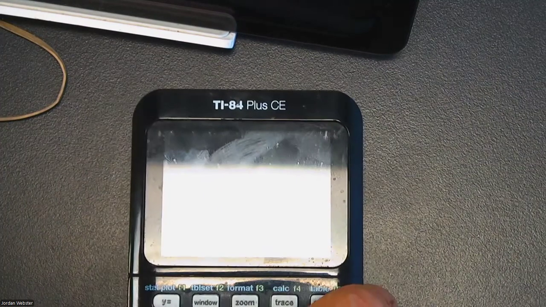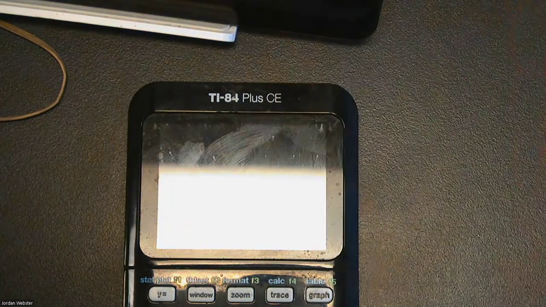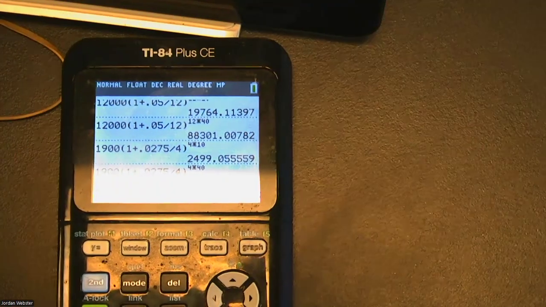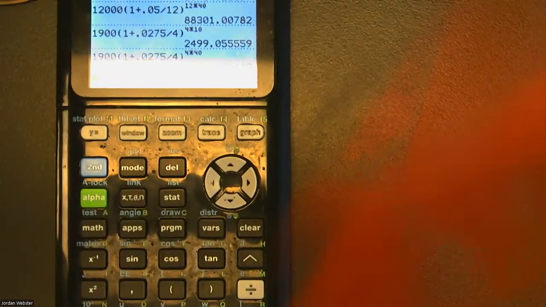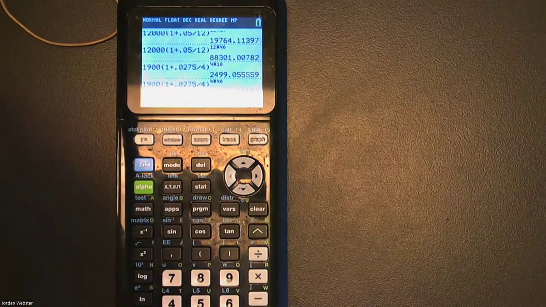Now I wanted to just show you what I'm doing with the calculator.